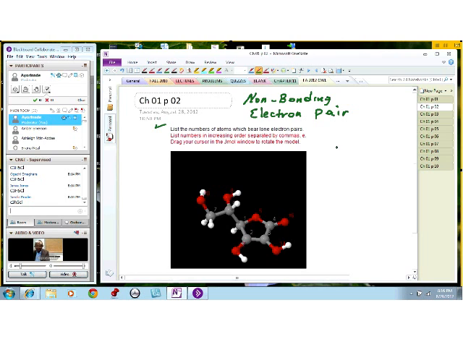In this case, they call it lone pair of electrons. Both of these mean the same thing. Now, what does that mean?